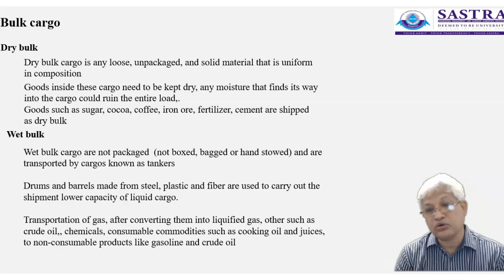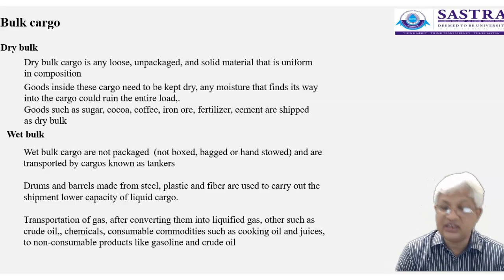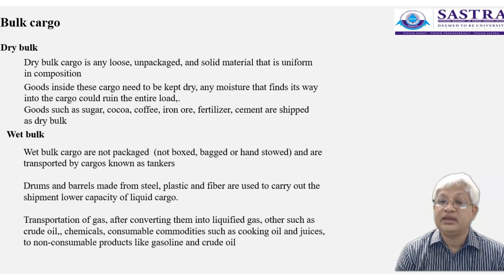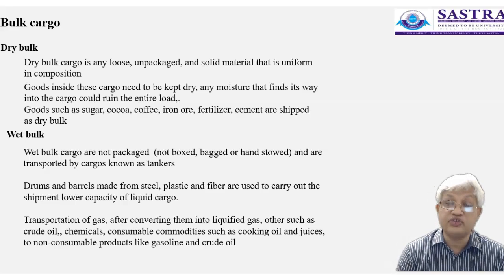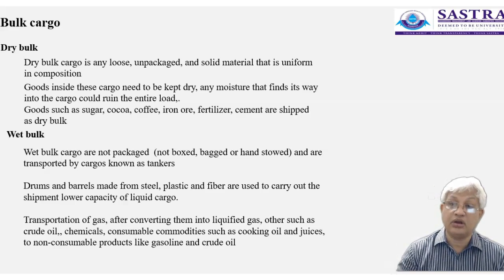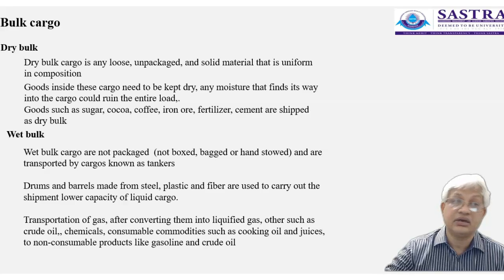It can be petrol, the gasoline, diesel, kerosene, jet fuel, others, chemicals, and cooking oil, juices, and something that is non-consumable again like gasoline are all using wet bulk cargo for shipping the goods.